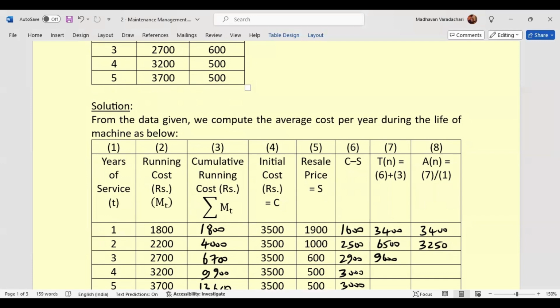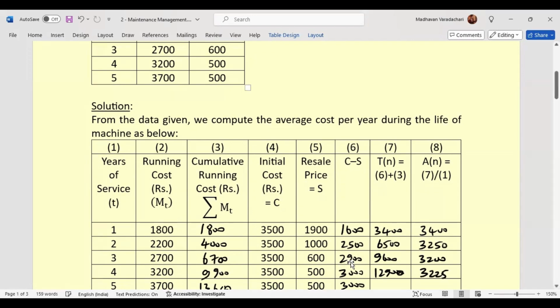It is 3,200. The next one, 9,900 plus 3,000. That works out to 12,900 total cost. But for average, you have to divide it by 4 to get 3,225.